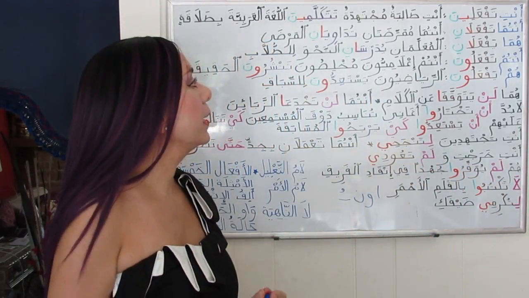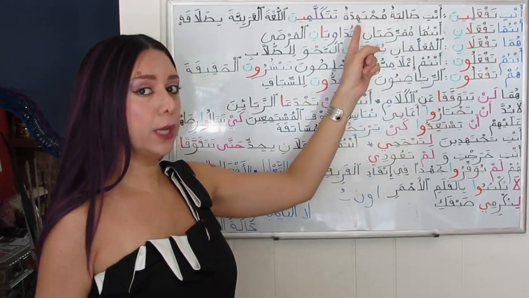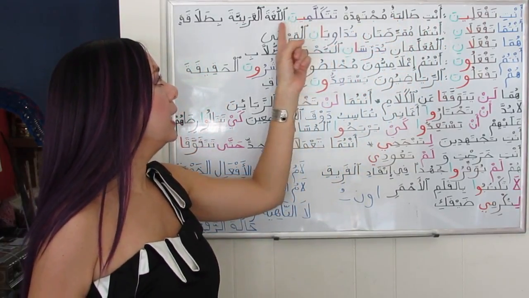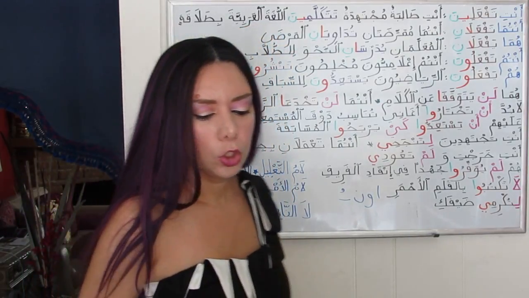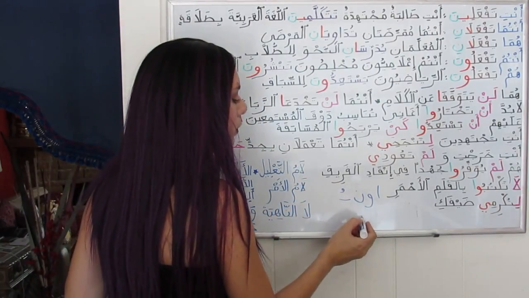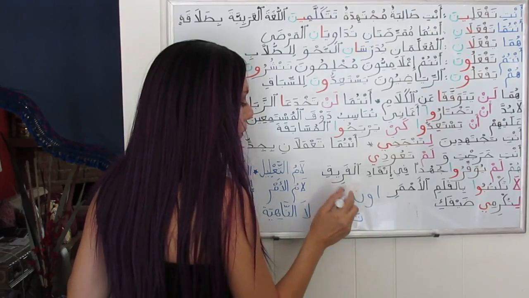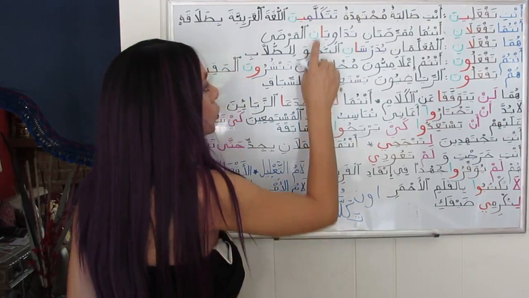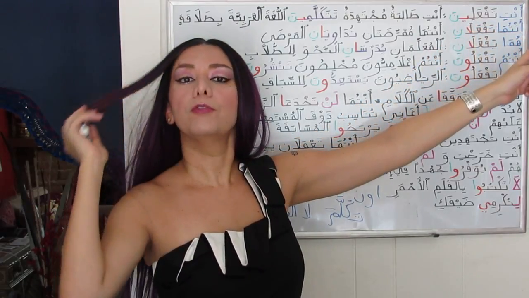Alright, let's check some examples. أنت طالبة مجتهدة تتكلمين اللغة العربية بطلاقة. The verb تكلم, تكلم form 5, conjugated in the second person singular feminine. أنت تتكلمين.